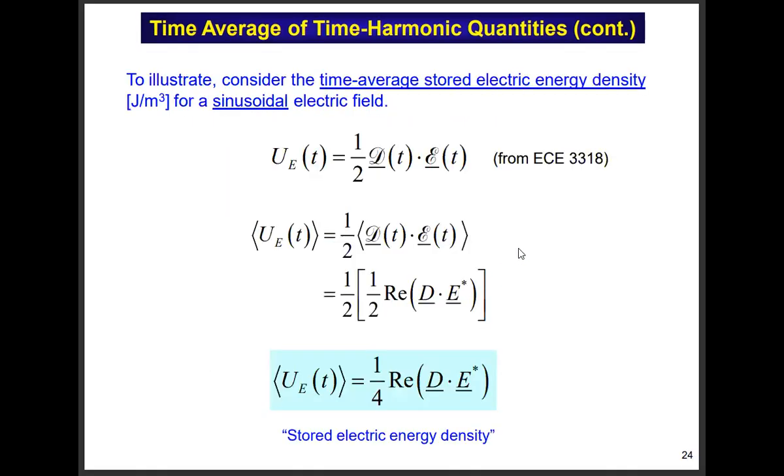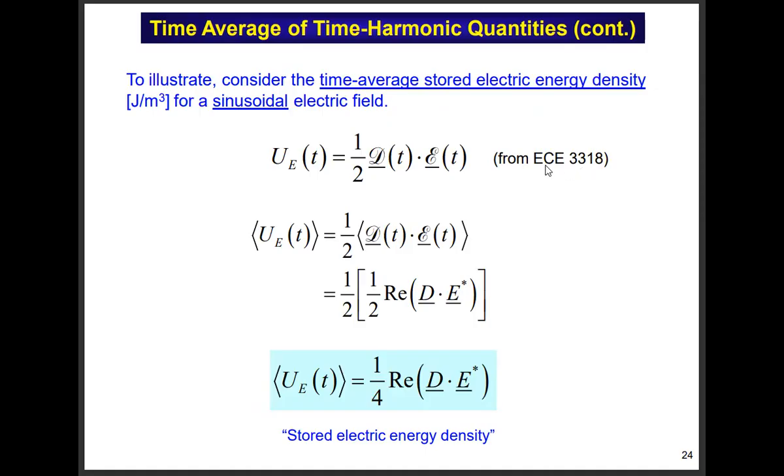Okay, let's go one step further and relate this to practical stored energy. Now, we'll go over this a lot in 3318, and you have access to the class notes on 3318, remember, if you want to read that. But anyway, I'm just going to take this from 3318.